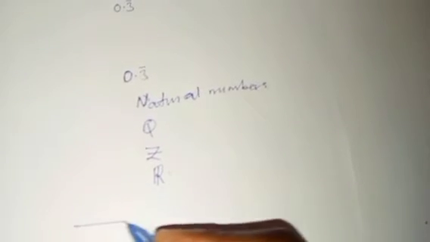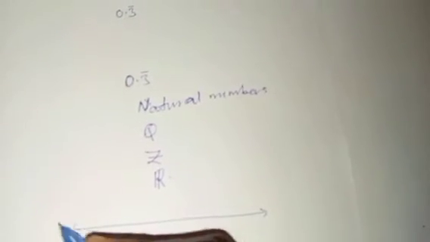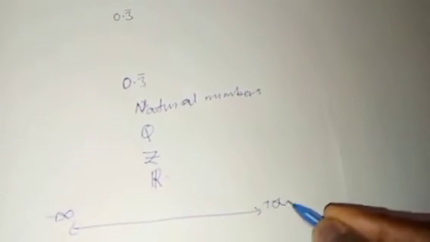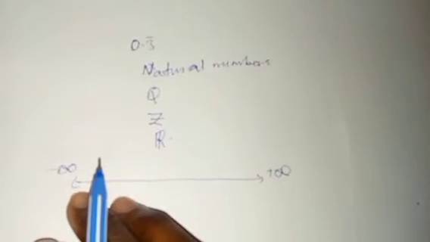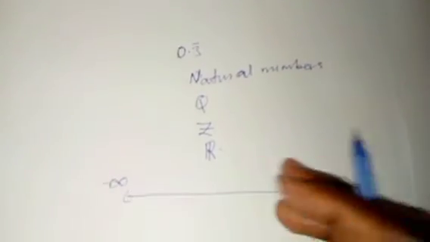So as long as you have a number on the number line, from negative infinity to positive infinity, these we call real numbers.